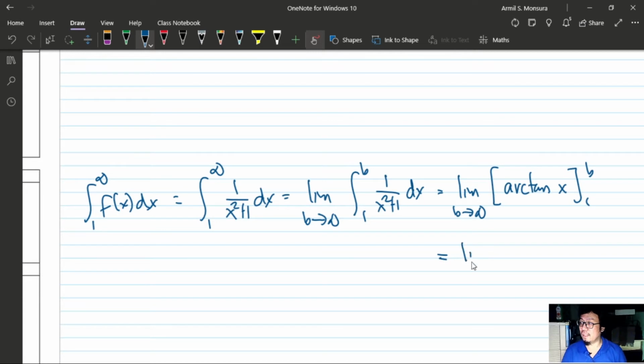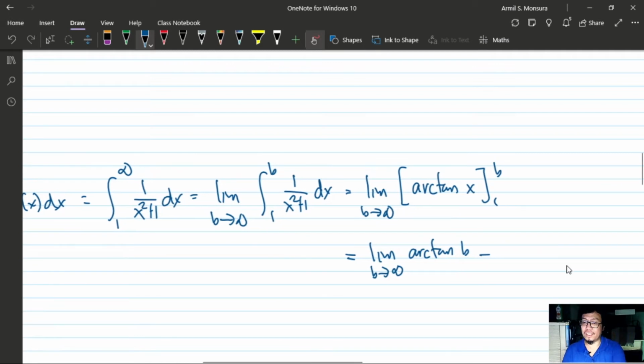So this is the limit of arctan b as b approaches infinity, minus the other half of this definite integral, which is basically a constant. So I don't need to write the limit as b approaches infinity, because that's basically a constant.